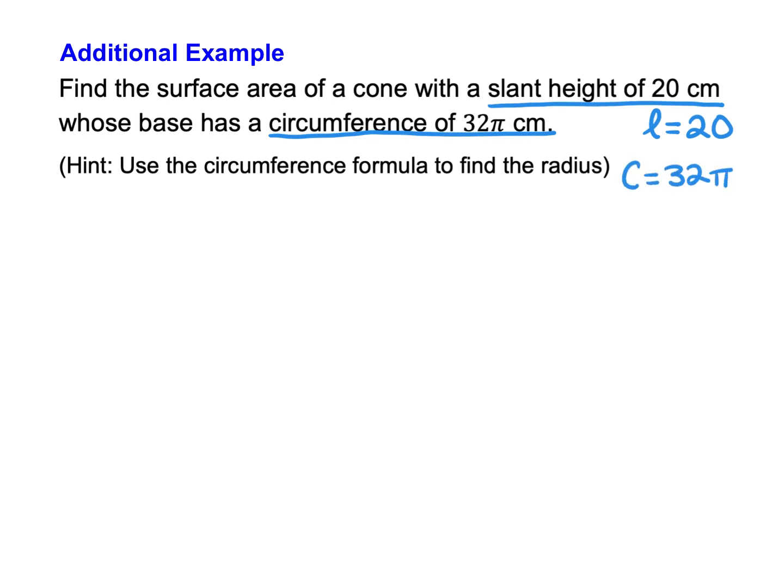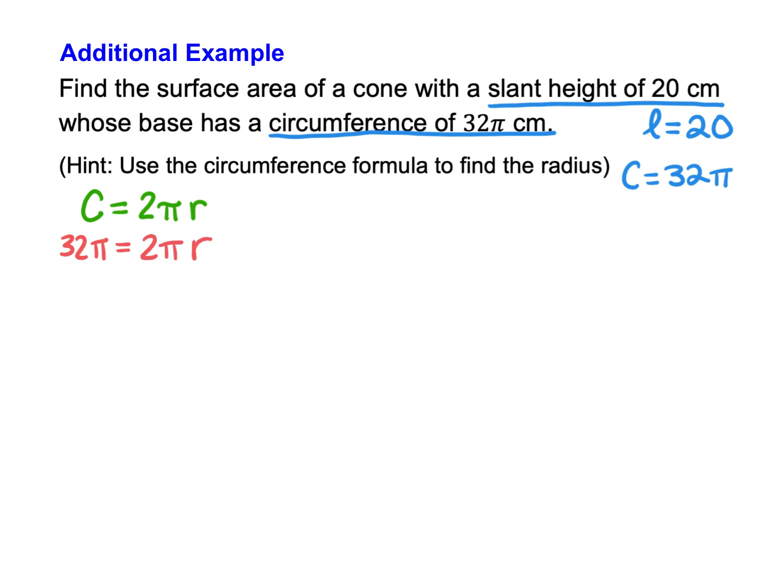Well, we actually need to use the circumference formula in order to calculate the radius. So going back to things that we've done previously in this class, you can calculate the circumference of a circle by taking 2 times pi times the radius. Here we can sub in the circumference of 32 pi, and that's going to equal 2 pi r.